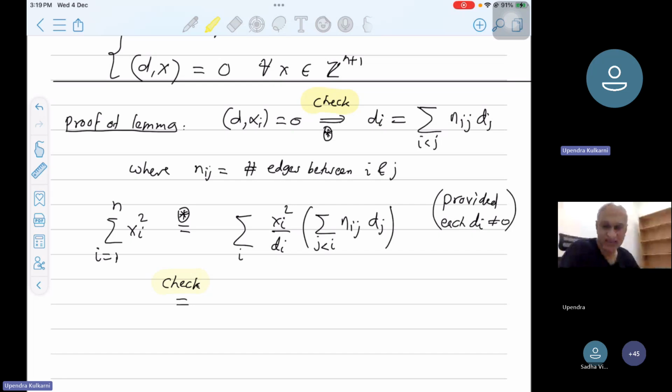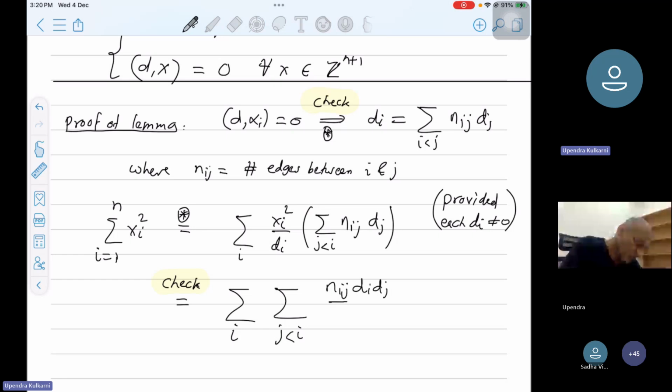And what happens is that this turns out to be summation i, summation j less than i of nij di dj divided by 2 times (xi squared divided by di squared plus xj squared divided by dj) the whole squared. So this is just algebra.